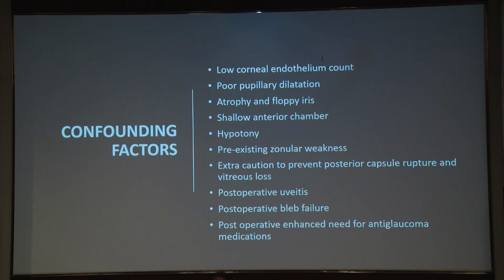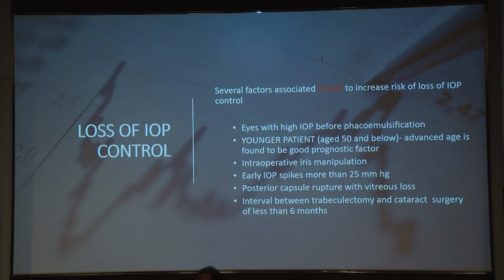Low corneal endothelial count, poor pupillary dilatation, atrophy and floppy iris, shallow AC, hypotony, pre-existing zonular weakness, extra caution to prevent posterior capsule rupture and vitreous loss, post-operative uveitis, post-operative bleb failure, and post-operative enhanced need for anti-glaucoma medication. So all those things contribute.